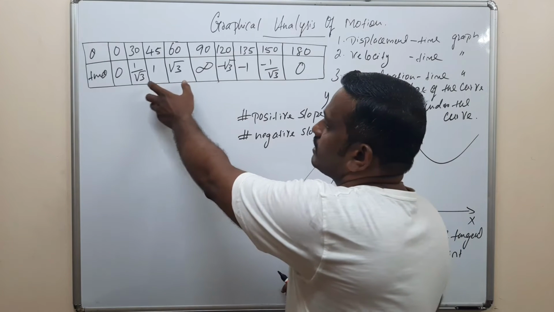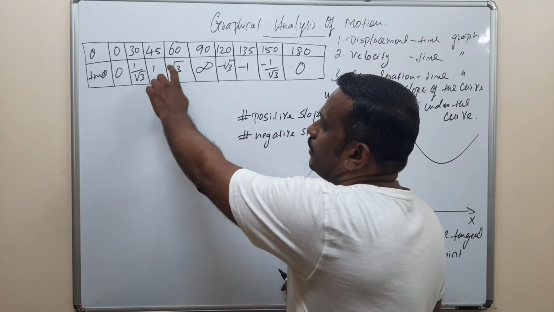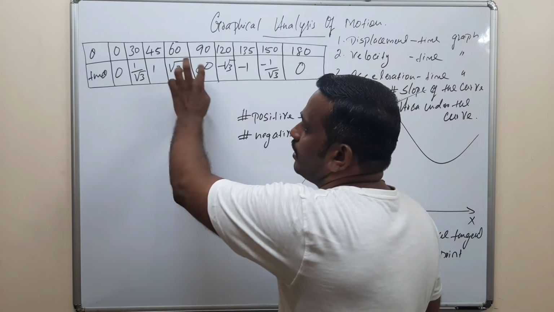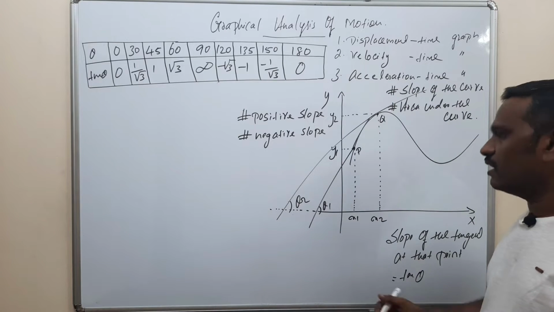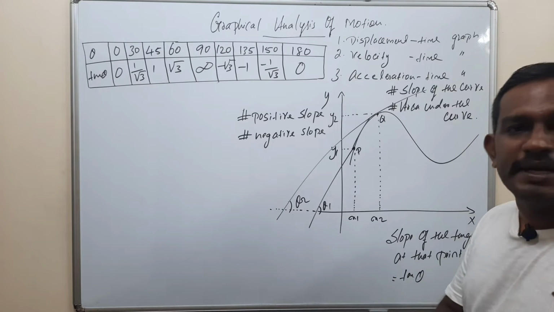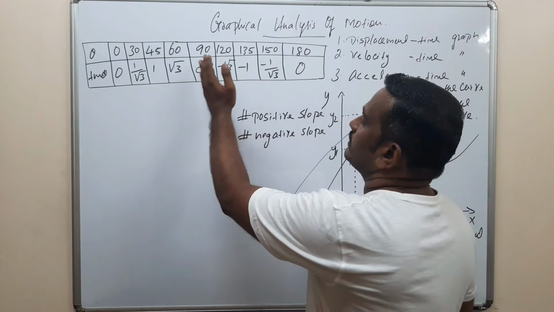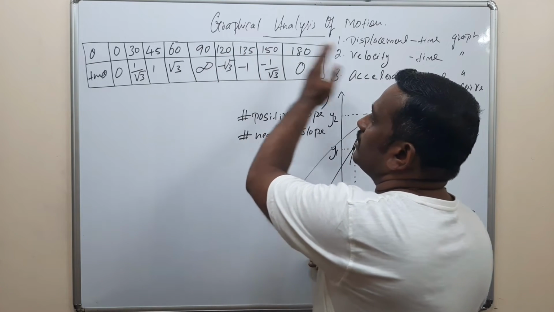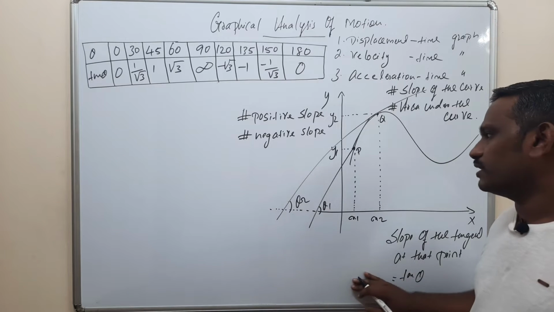You look at the values: the standard angle values less than 90 degree give positive values only. So that is called positive slope. If the angle made by the tangent with the horizontal x-axis is greater than 90 degree, it means negative slope.